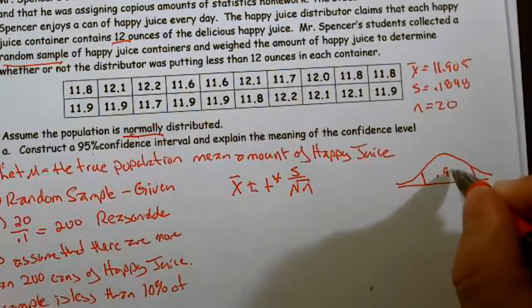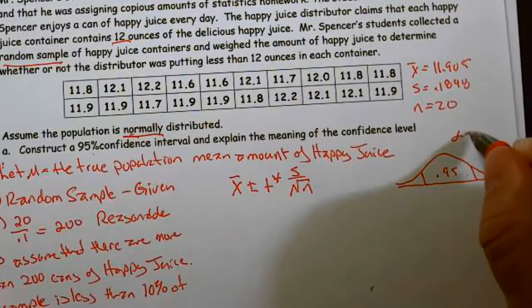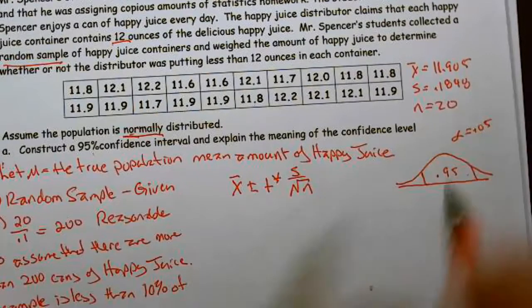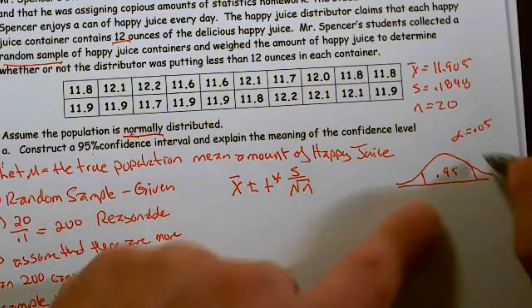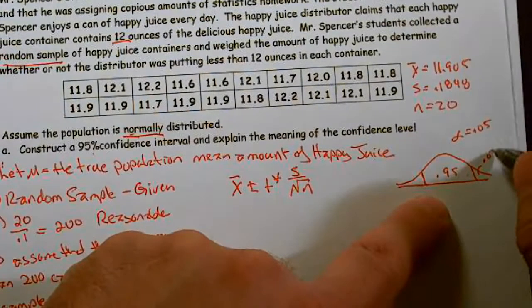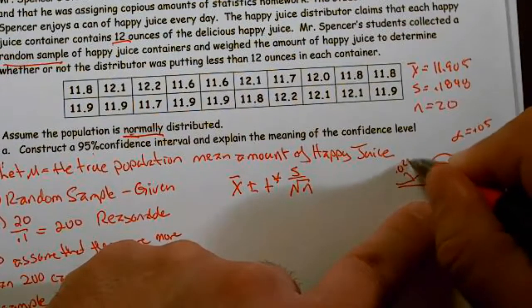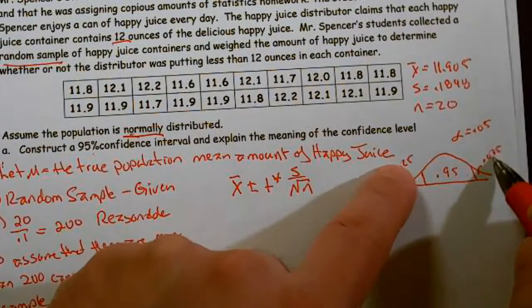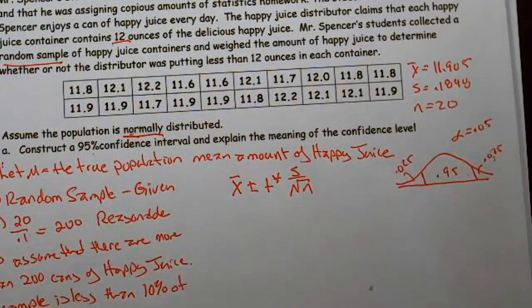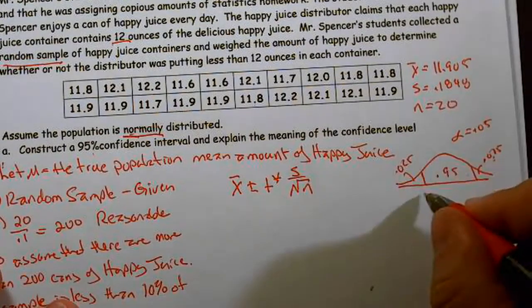That means I have an alpha level of 0.05, because the area in the tails is 0.05. Some of you go, well, the area in this tail is 0.025. That's correct, and so is this area. Together they sum to 0.05, because alpha is just the area in the tails, regardless of whether it's in one tail or two tails.